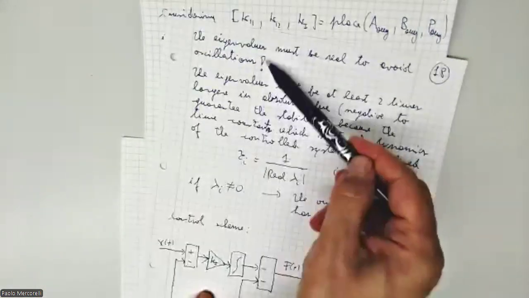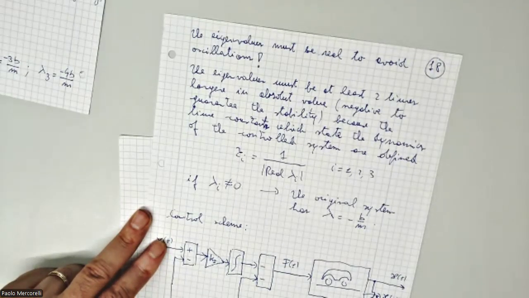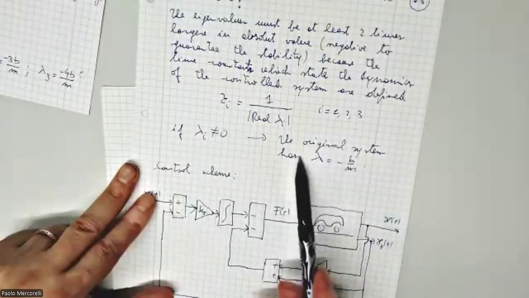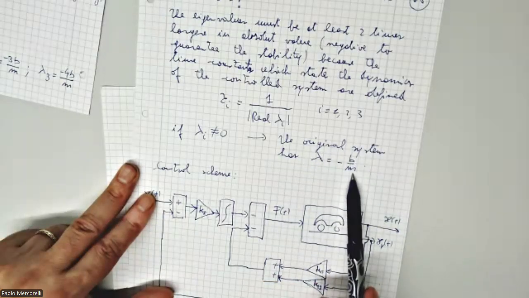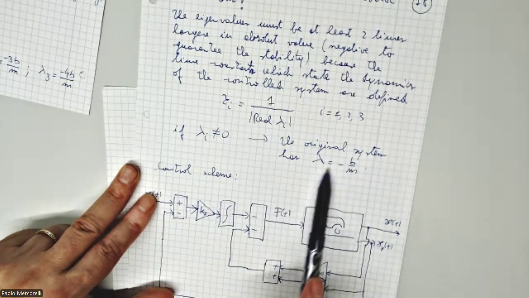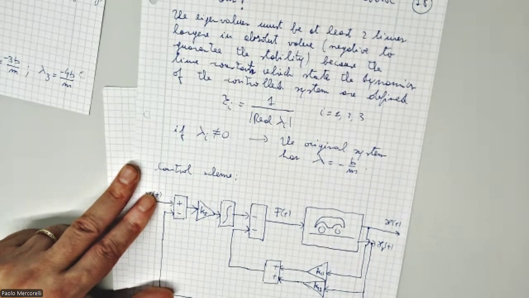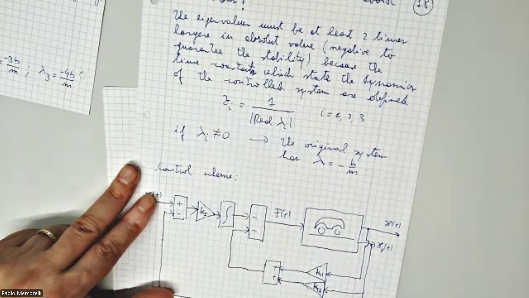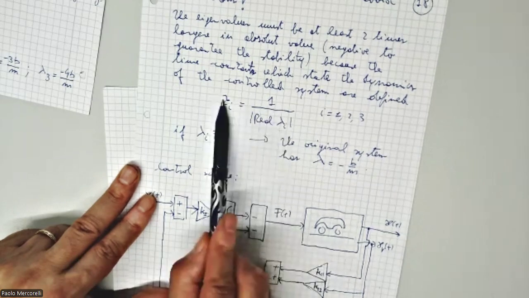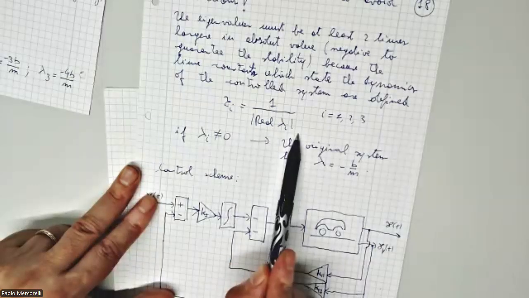Even though I tried to explain this in this text here. The original system has minus b divided by m here as a real part, no? As a real part. I didn't write it, but it's implicit. You remember the concept of the dominant time constant, which is the largest one, which corresponds to the minimal absolute value of the real part.